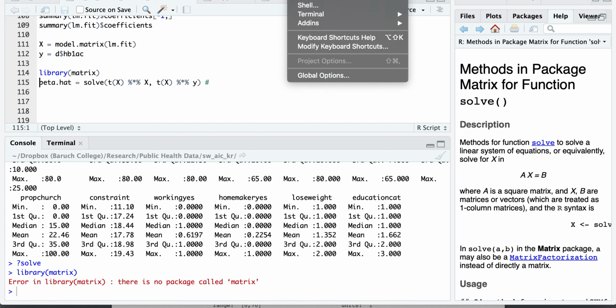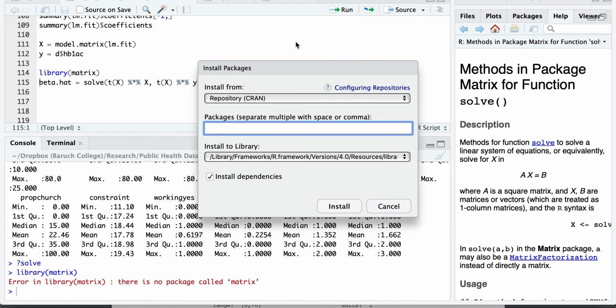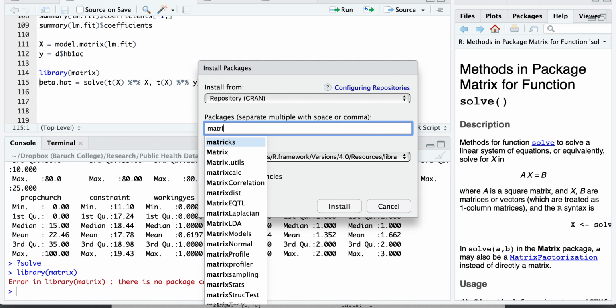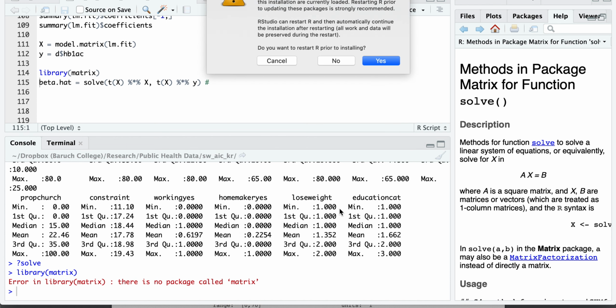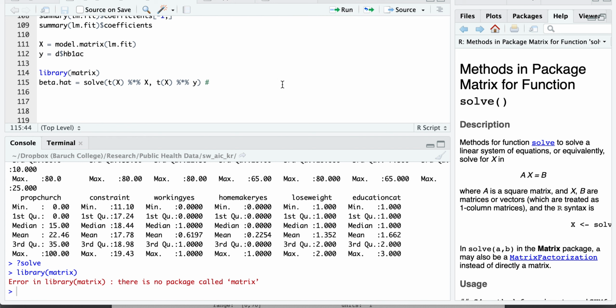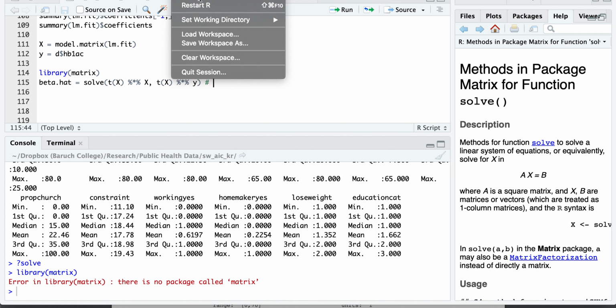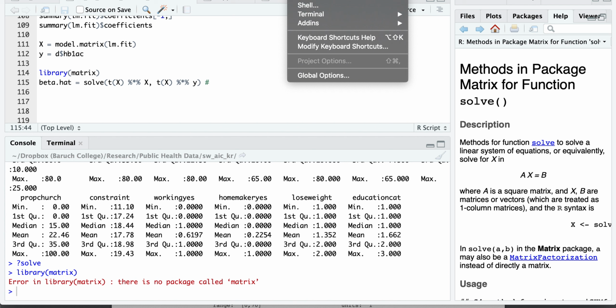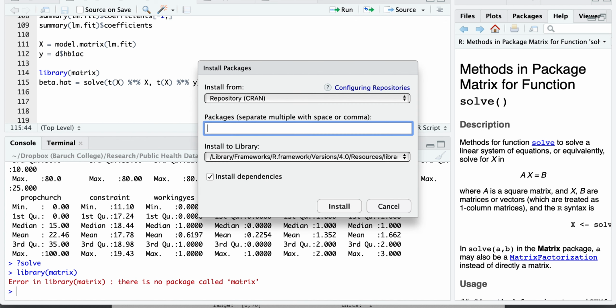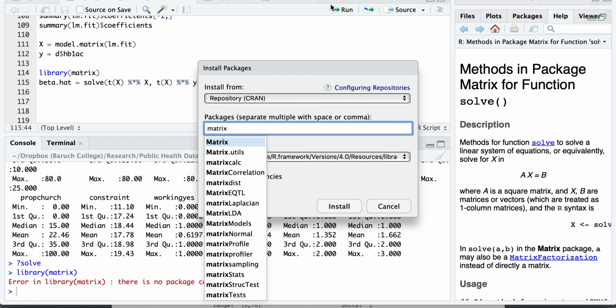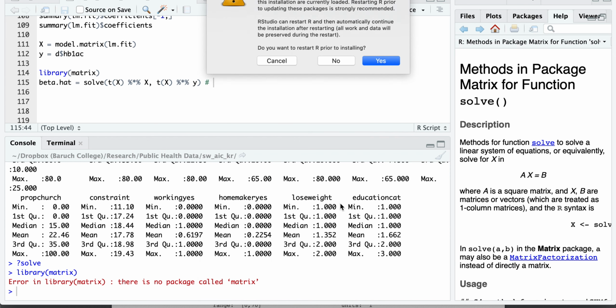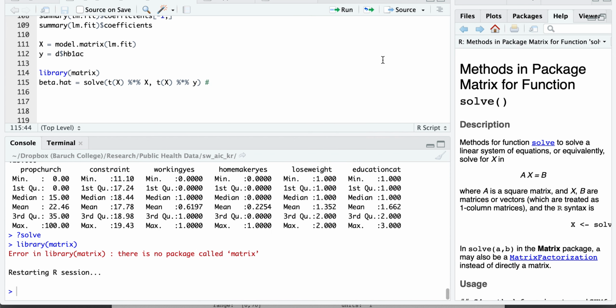Okay, so maybe I need to install it. Okay, well, wait a second. Let's just save this first. And now, what do I want to do? Install a package, matrix, install it, and yes, I'm okay. So let's just pause this.